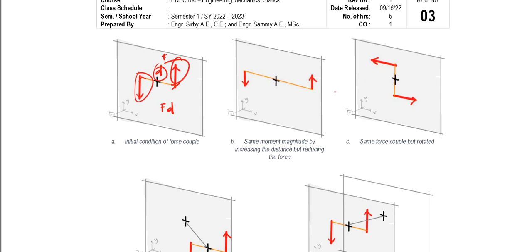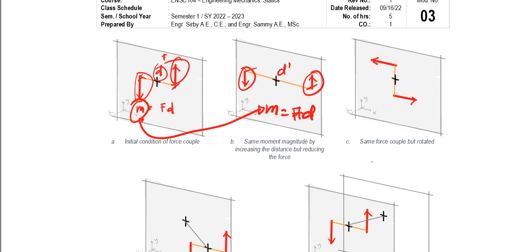So how can we obtain the same value of this moment based from this initial condition of the force couple? Okay, so we can have the same moment magnitude by increasing the distance but reducing the force. So we can have the same value of M if we reduce the force but increase their distance apart.